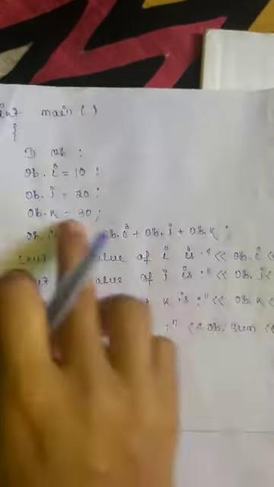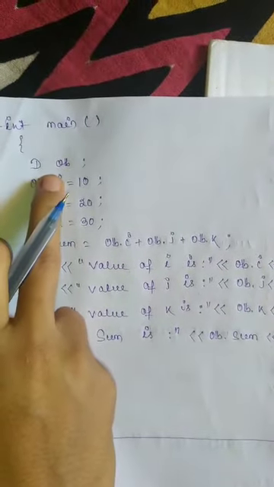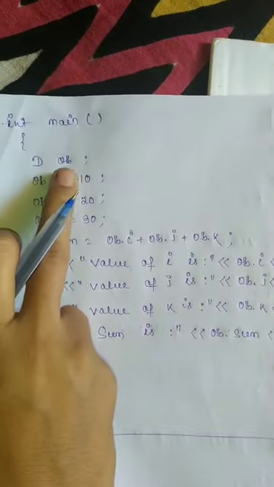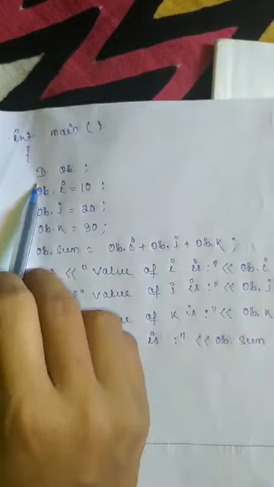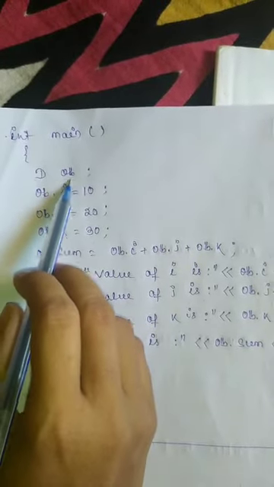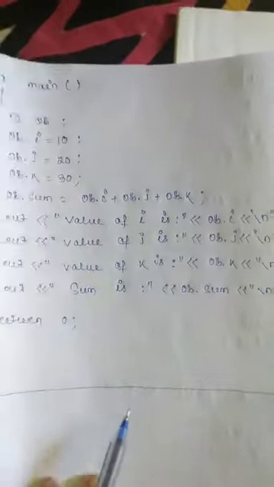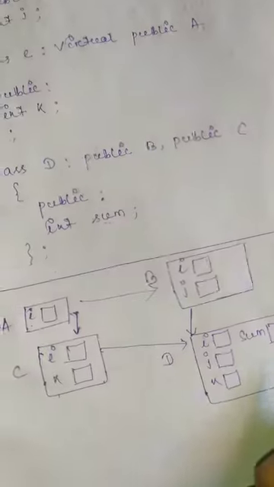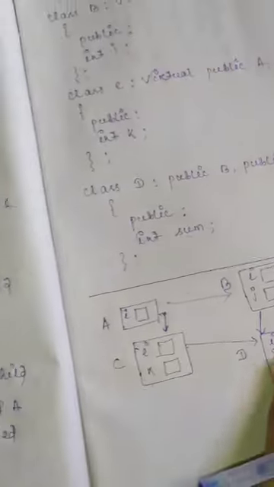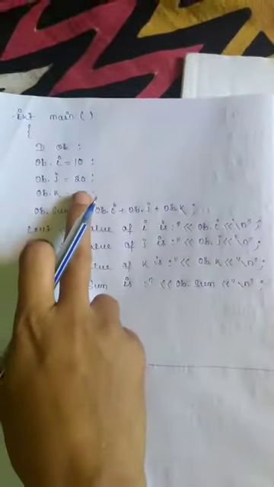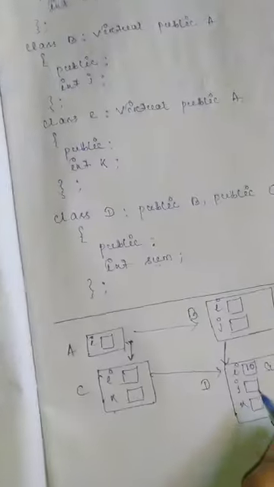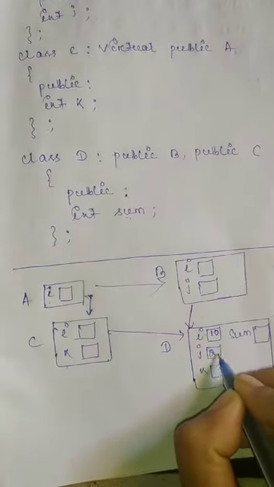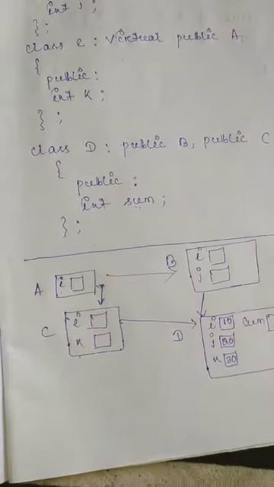Here in the main function I am creating the object for D, D OB. Let's say OB dot I equals 10. That means in D the I value is 10, J value is 20, K value is 30.